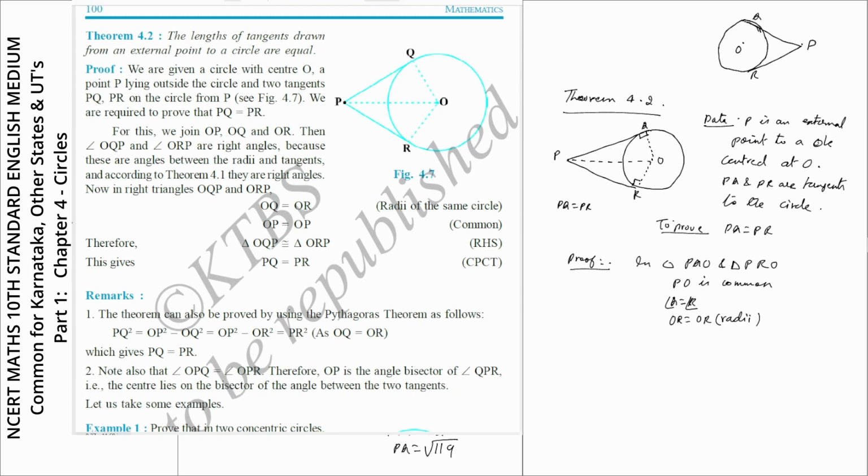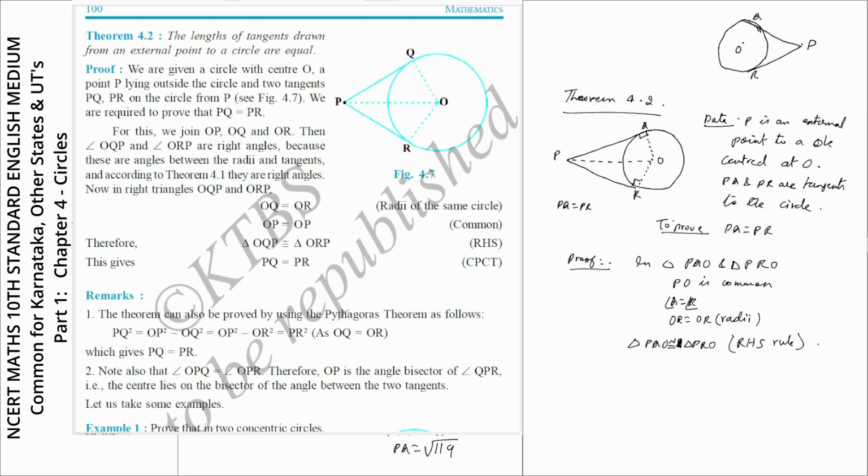Now in these two triangles, two sides are equal and one angle is equal. Therefore these two triangles are, sorry, congruent. Triangles PQO and PRO are congruent according to the RHS rule.